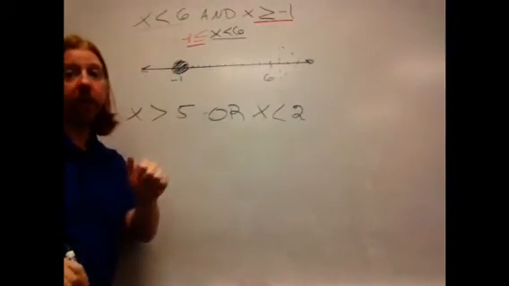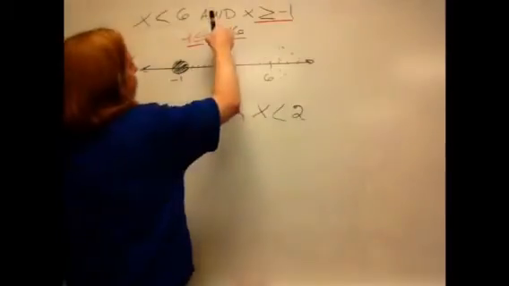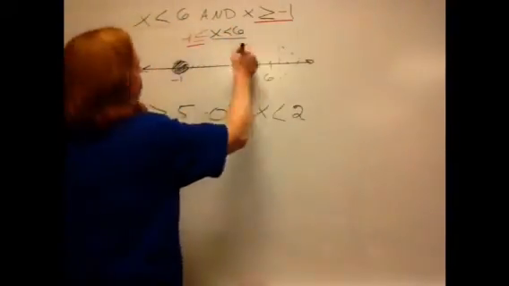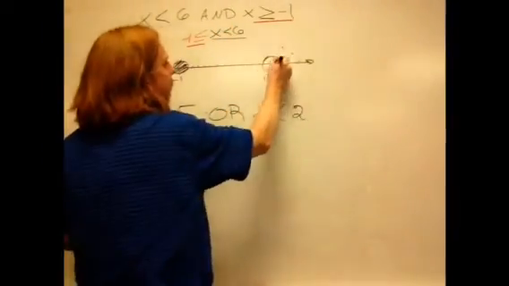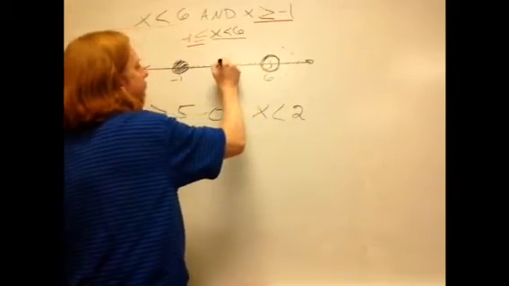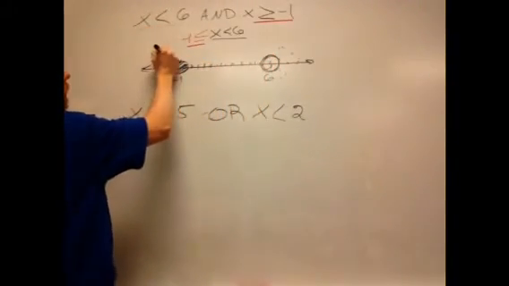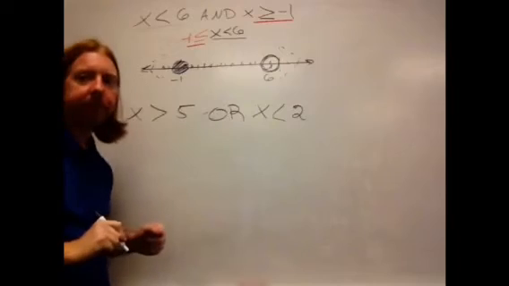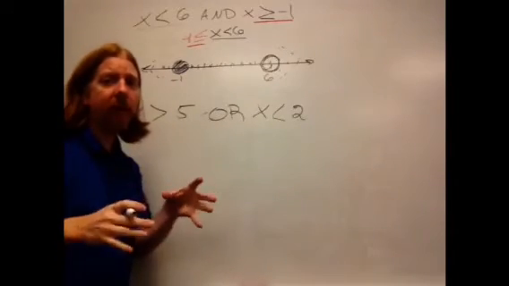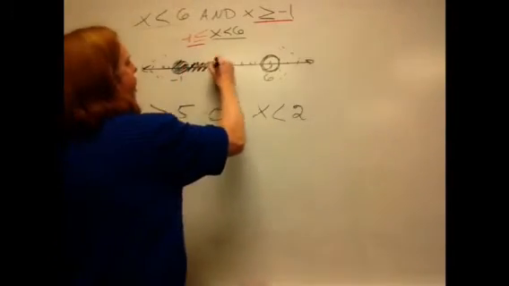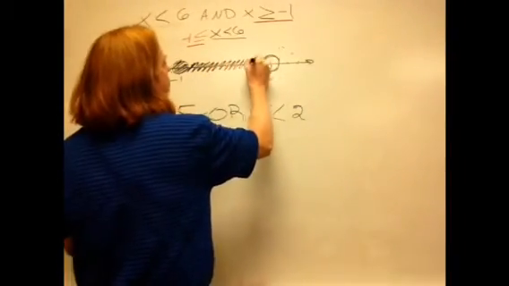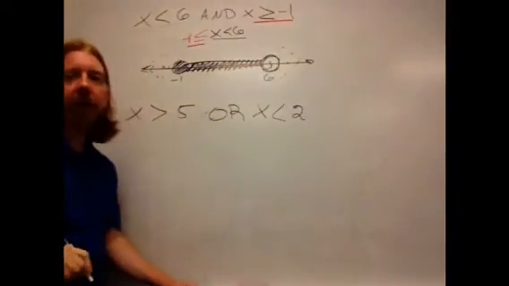That's greater than or equal to, so it's a solid dot. X is less than 6. Strictly less than, so it's an open circle. Going that way. When I look at where the overlap occurs, it's that region right there.